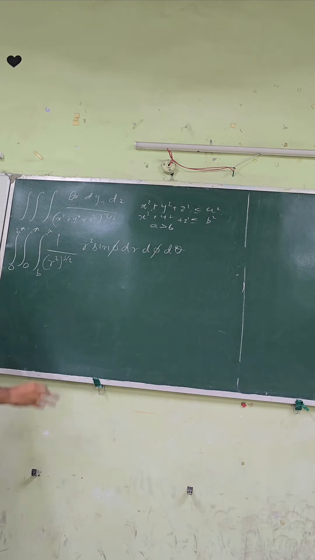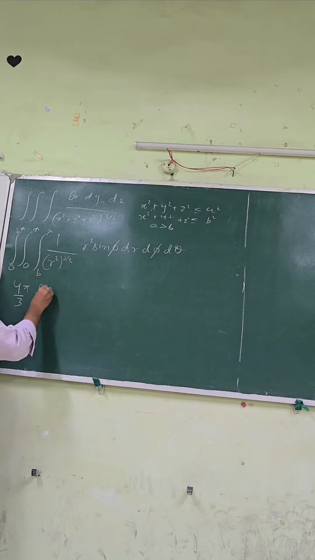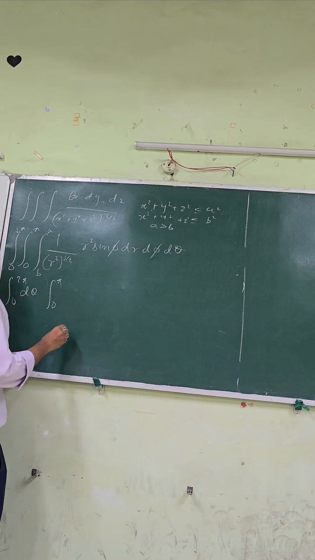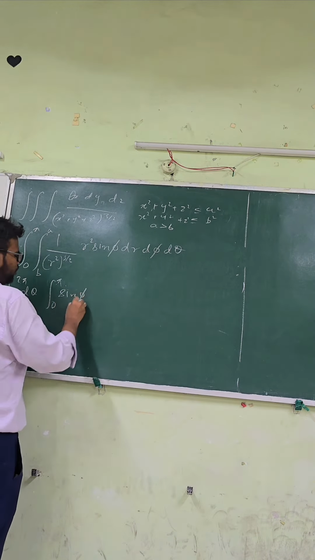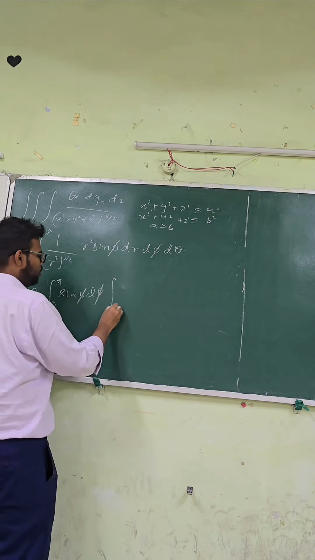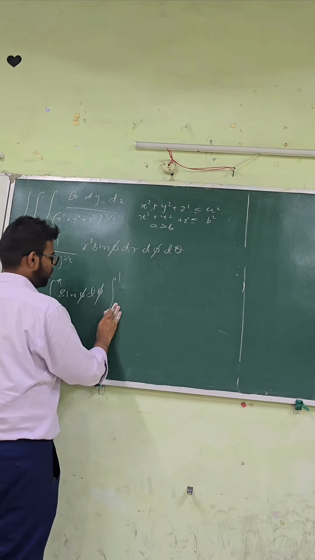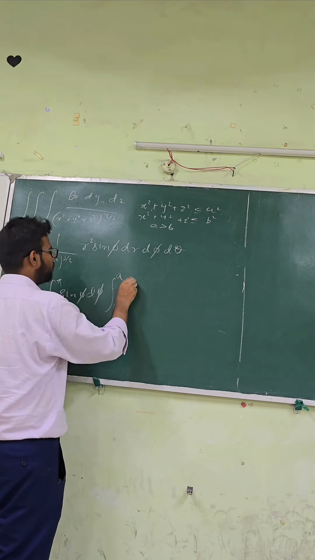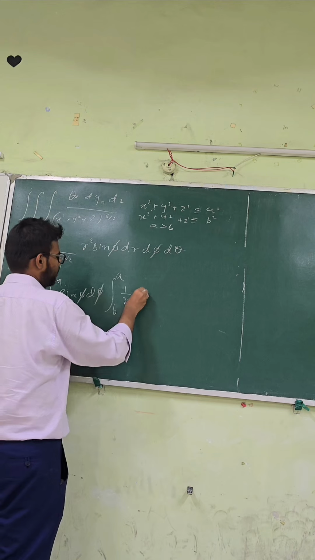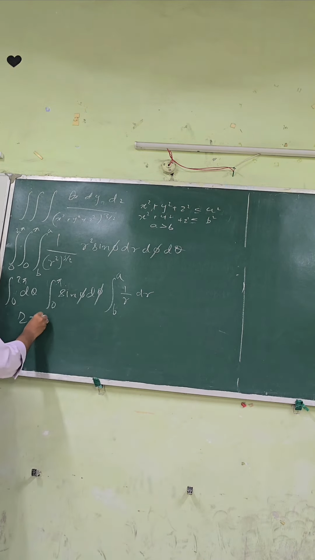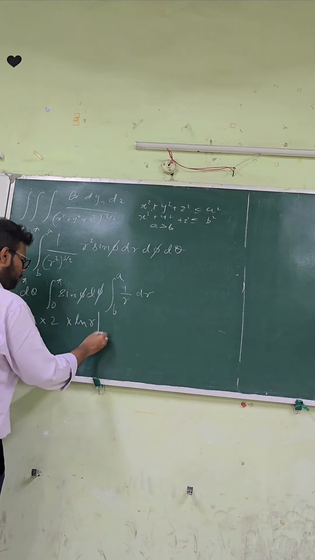Again, evaluate this integral. We have the integral of d theta from 0 to 2 pi, the integral of sin phi d phi from 0 to pi, and the integral from b to a of 1 upon r dr. You get 2 pi into 2 into ln r from b to a.